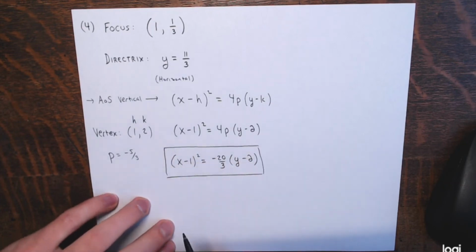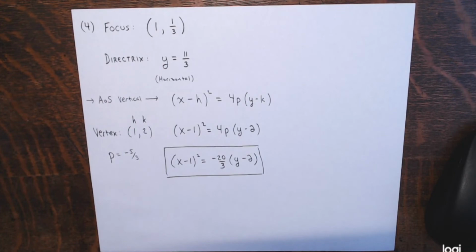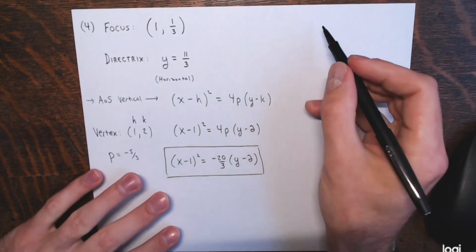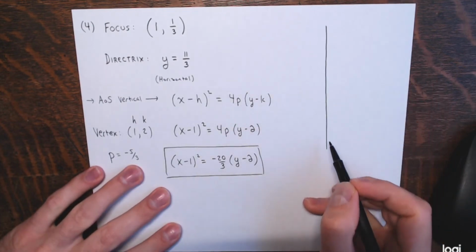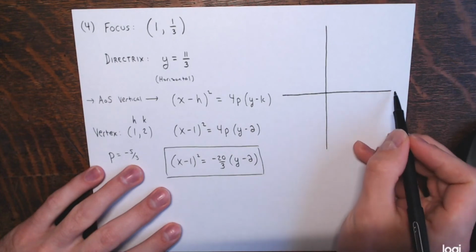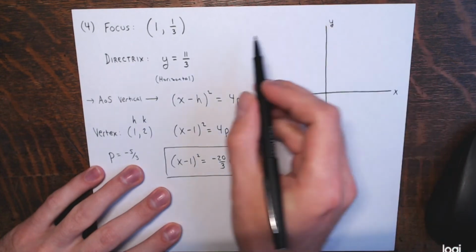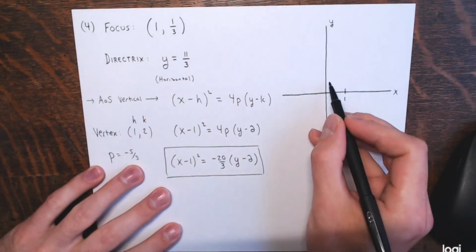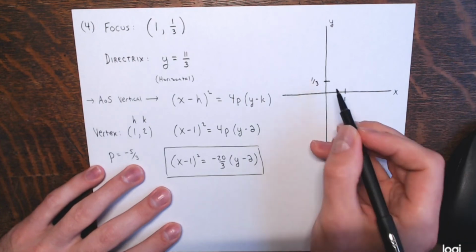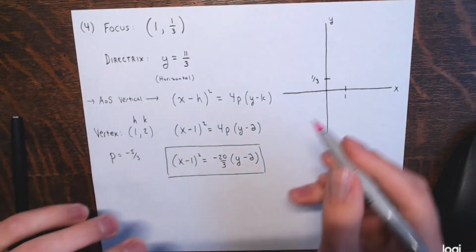And as I was saying, if you know what you're talking about here, you don't need to draw a picture. But a picture never hurts. I'll still draw it now and go through the process again. So again, the focus was at (1, 1/3). That's the focus.